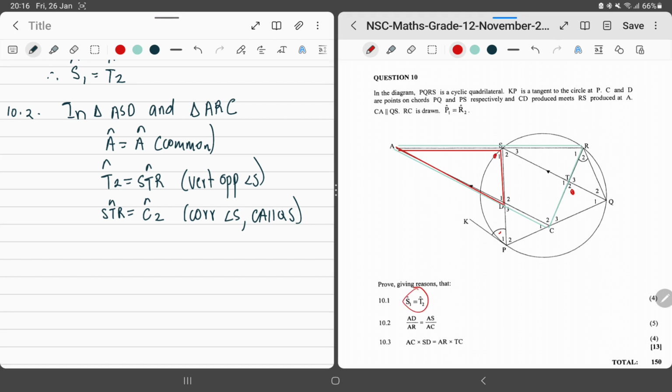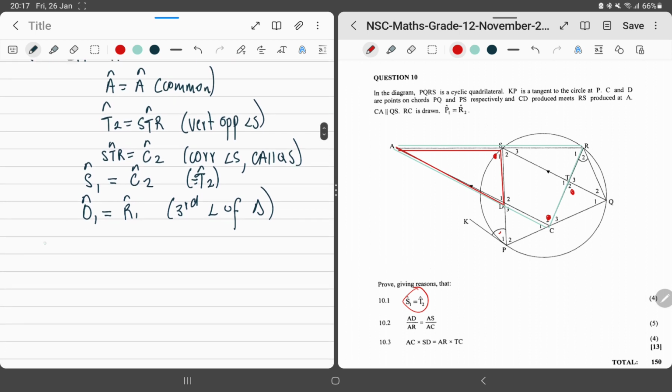We proved it there. In other words, C2 is equals to S1. So S1 is equals to C2 because they are all equals to T2. D1 is equals to R1, third angle of a triangle.